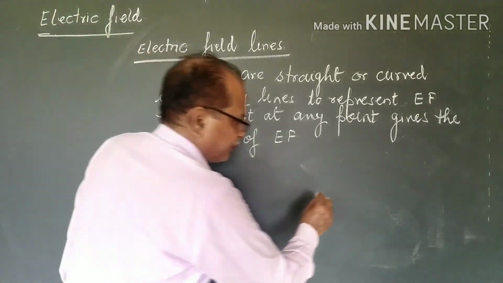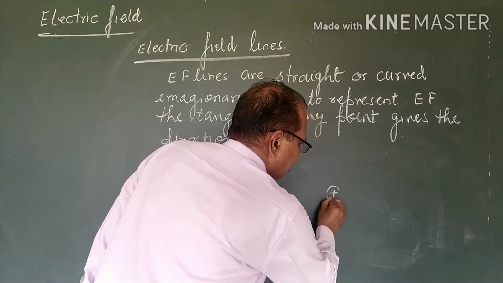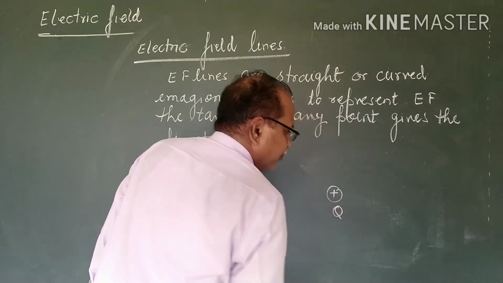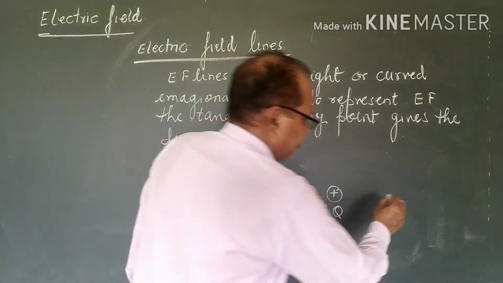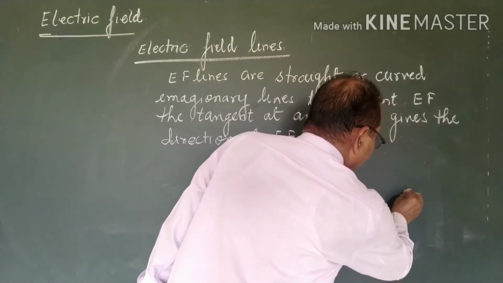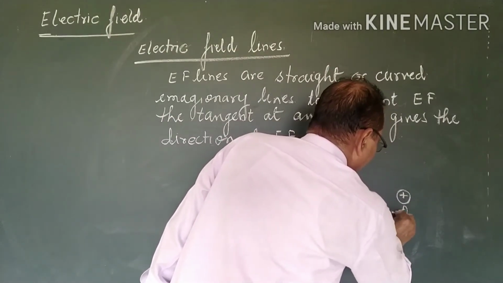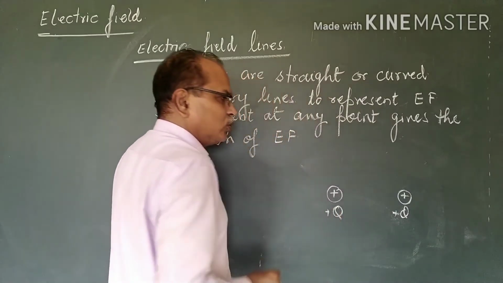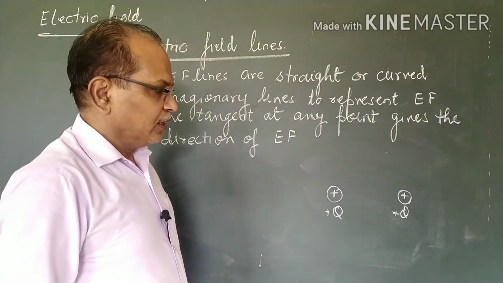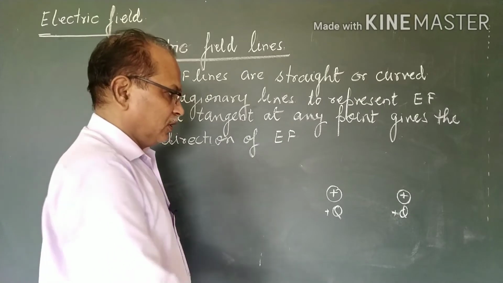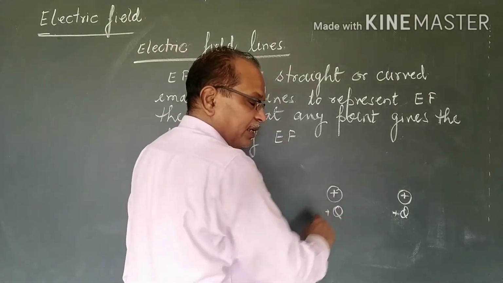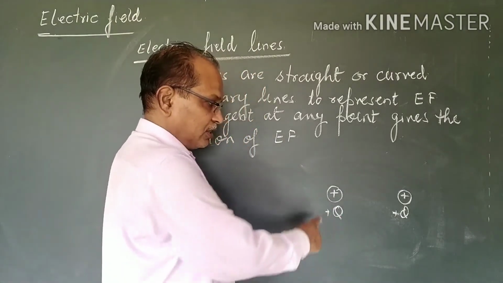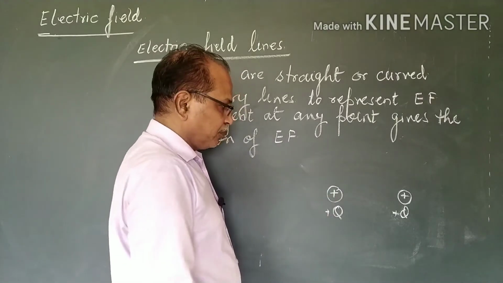For example, this is plus Q and this is also plus Q. Two charges having the same magnitude, separated by a certain distance, and the polarity is also the same.